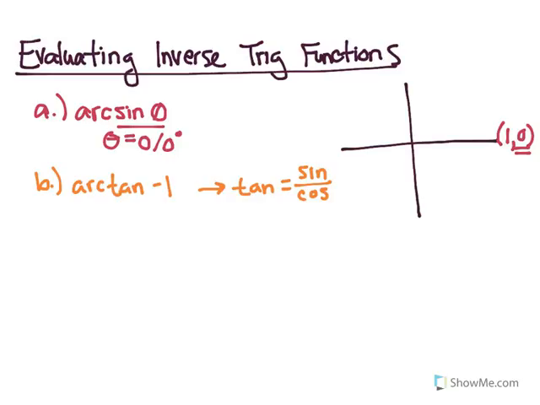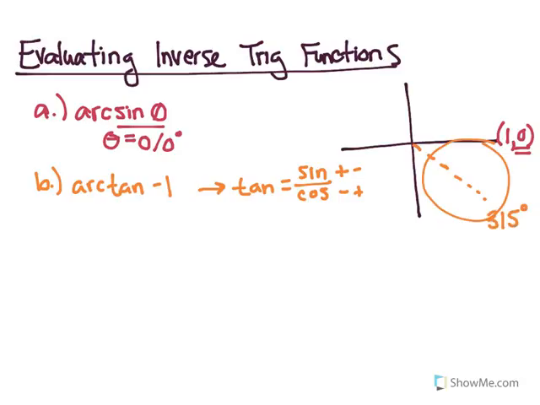Now, in this case, though, I'm supposed to have negative 1, so I have to pick the quadrant, either 1 or 4, that would give me a negative 1. In order for a quotient to become negative, one must be positive and the other must be negative, or vice versa. The only place that's going to happen between quadrant 1 and quadrant 4 is quadrant 4. We're going to be looking down here. The place where sine and cosine have the same values is right here at 315 degrees.